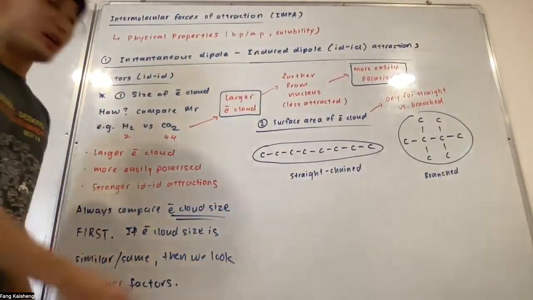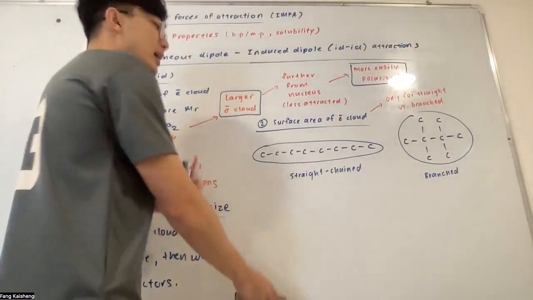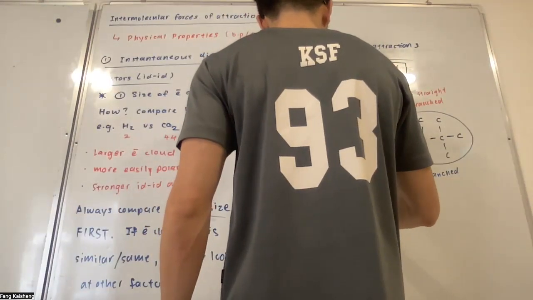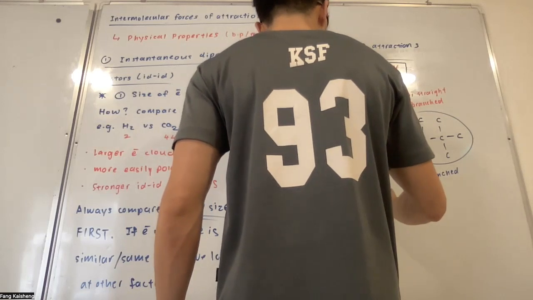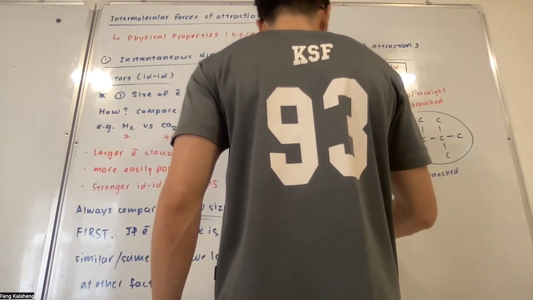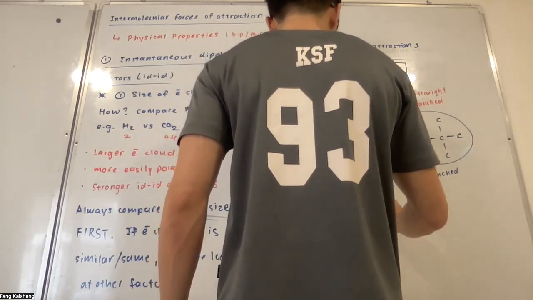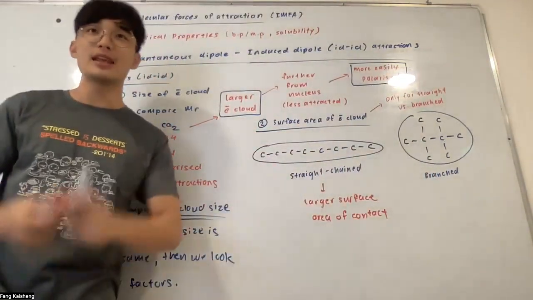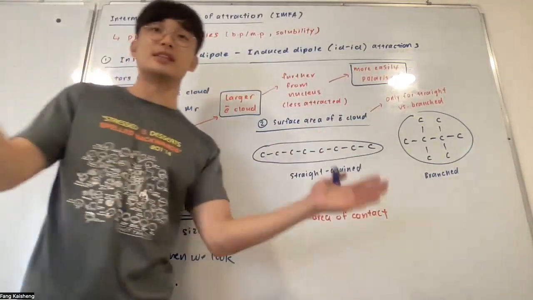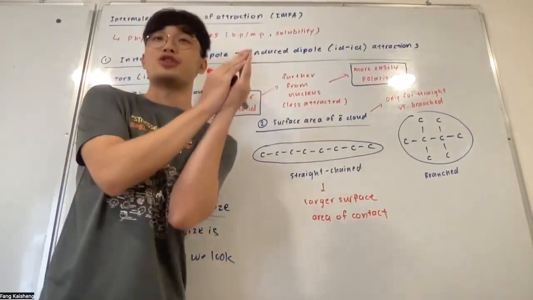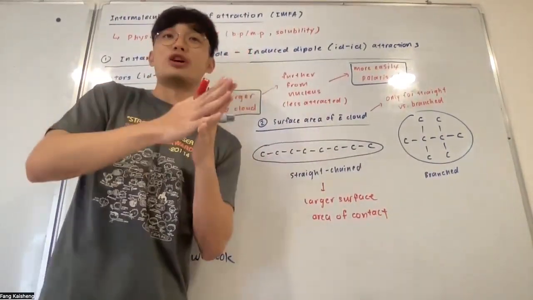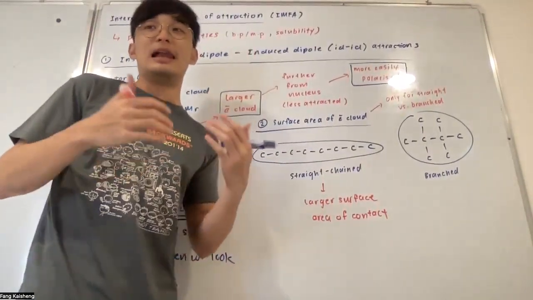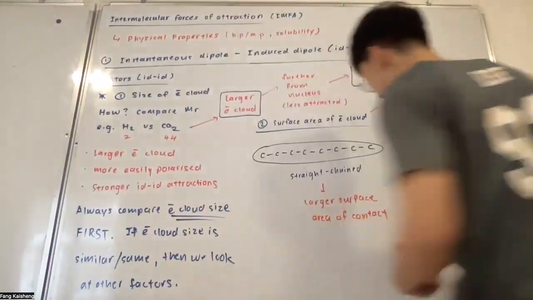Okay, in other words, guys, with that said, if you have a larger surface area, what does it mean? Okay. I'm going to introduce another keyword. Okay, we have a larger surface area of contact. If you don't want to say electron cloud, you can use the word contact. Imagine this, guys. If you have a greater surface area, can you form more attractions or less attractions? More attractions, right? If you have less surface area, you can form less attractions. So think about it this way.